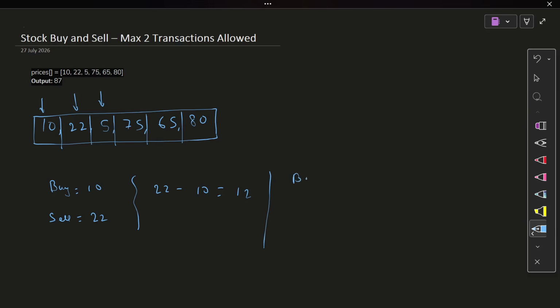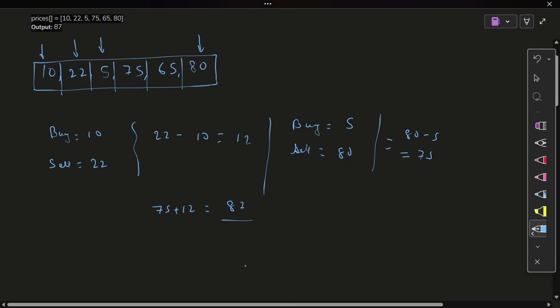The second transaction is buy at 5, sell at 80. Maximum profit 80 minus 5, 75. Total profit 75 plus 12, 87. Okay, how can we calculate it or solve this question?